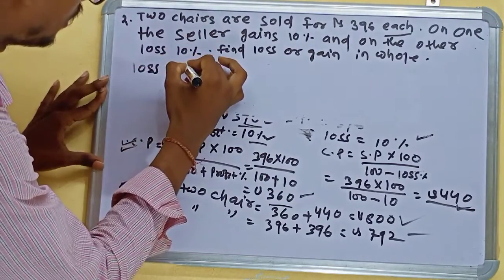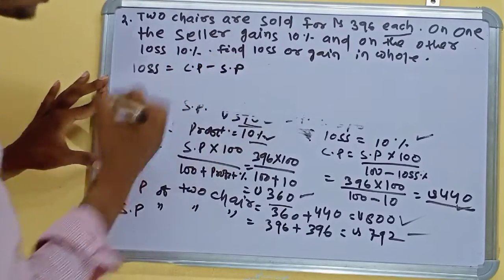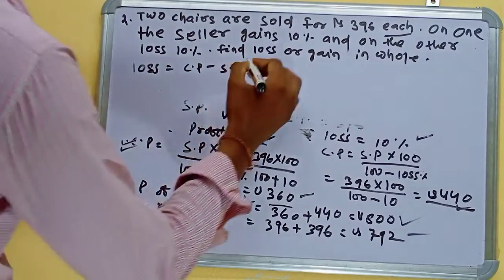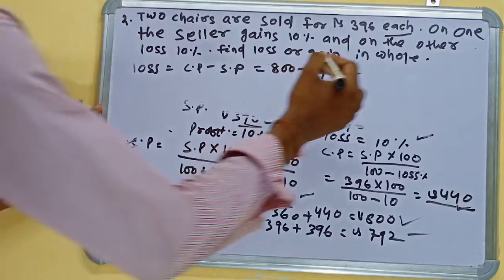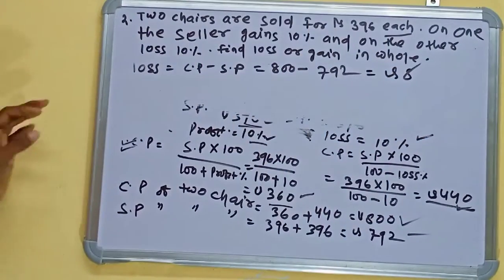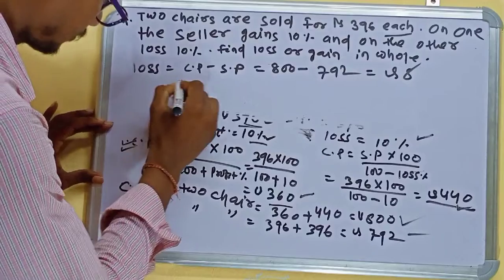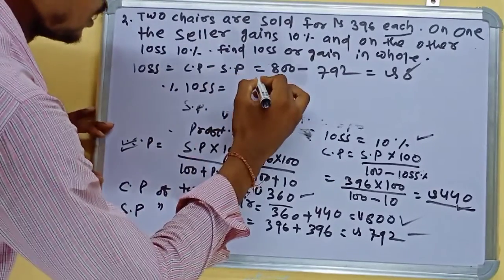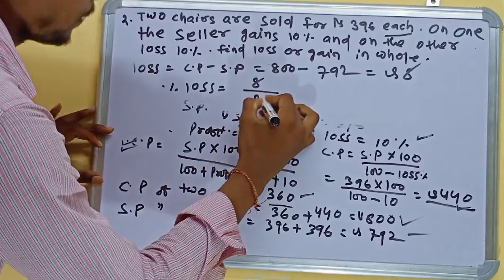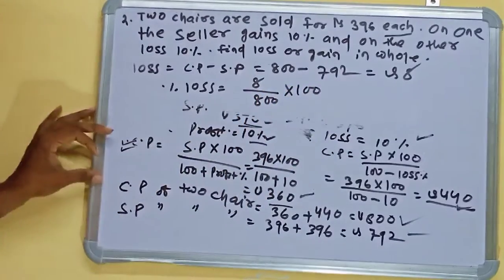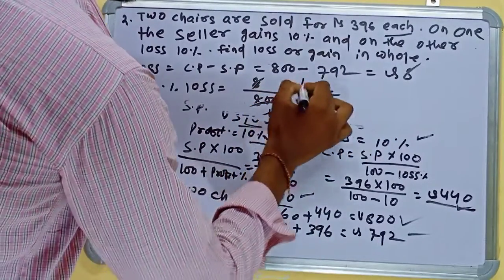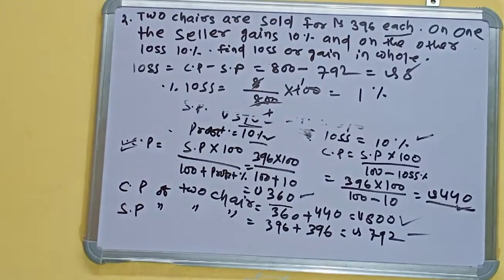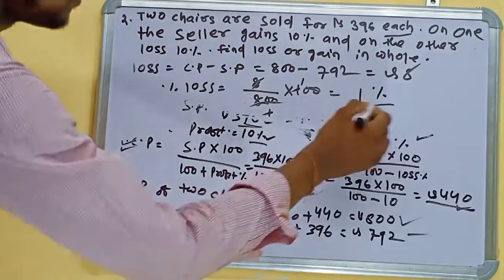Loss is equal to CP minus SP, which is 800 minus 792, equal to rupees 8. Then percentage loss is 8 divided by CP 800 into 100, which is 1%. So in the whole, the seller faces a loss of 1%.